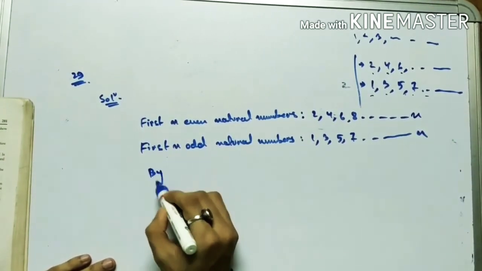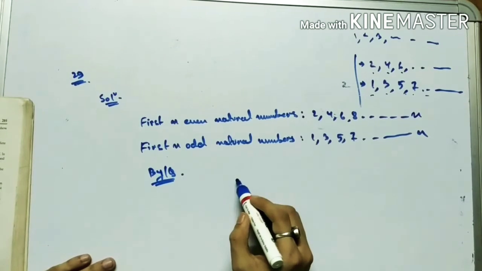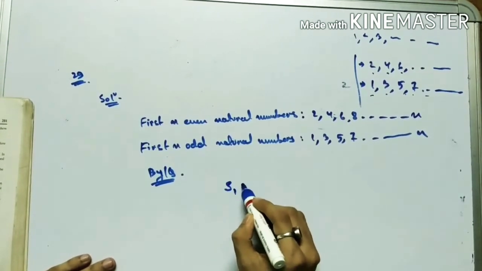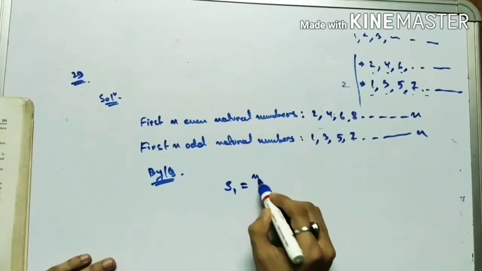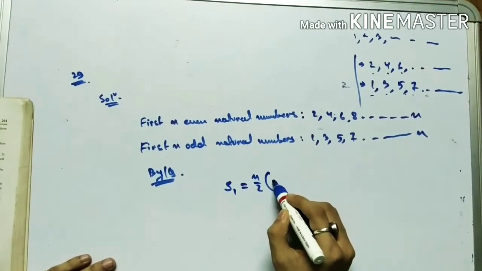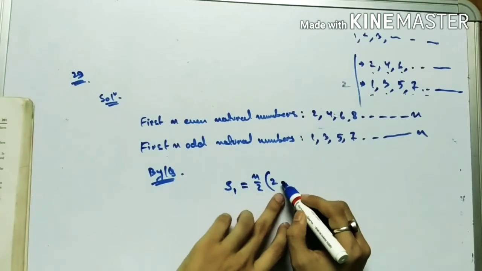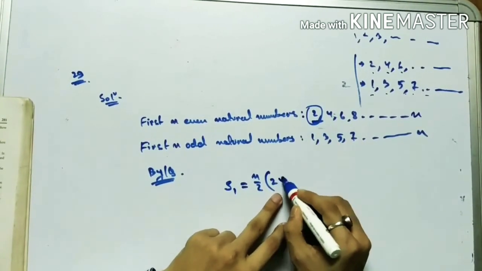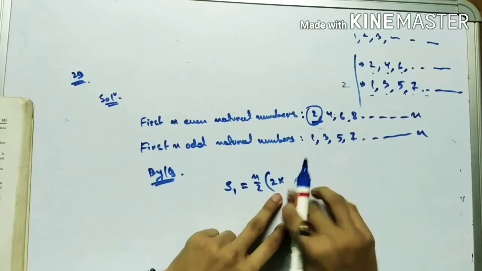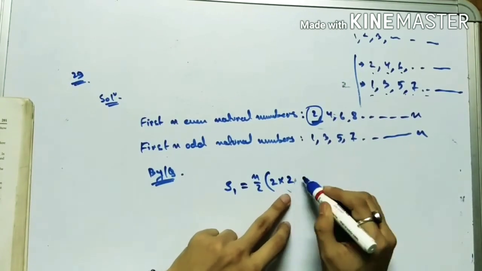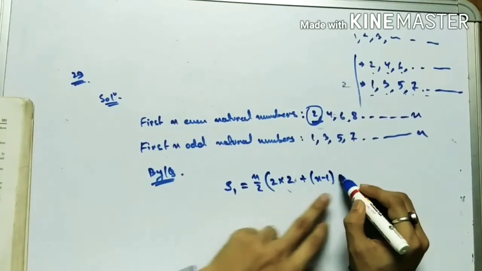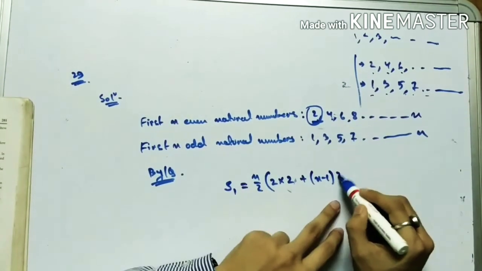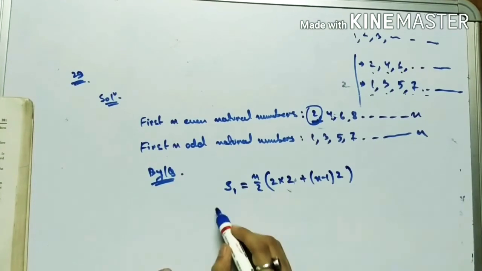Now by the question, the sum of first n even natural numbers is S1. So S1 is equal to n by 2 [2a plus (n minus 1) d]. The first term a is 2 here, so 2 into 2 plus (n minus 1) into d. The common difference will be 4 minus 2, which is 2.